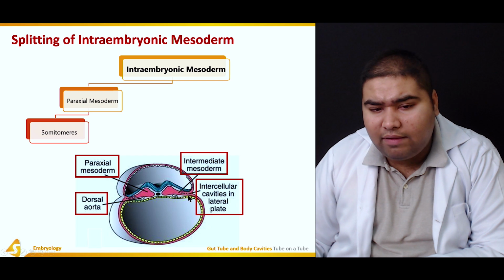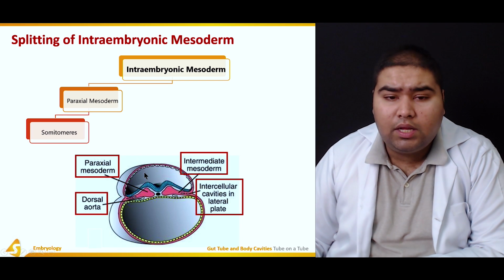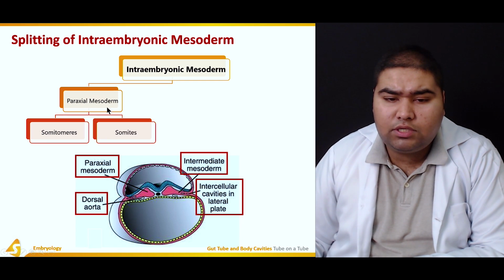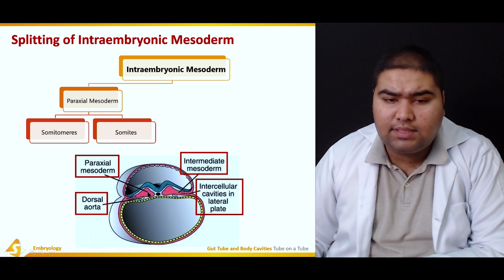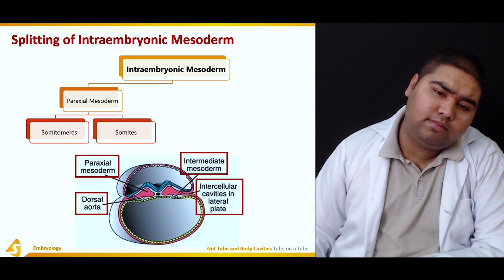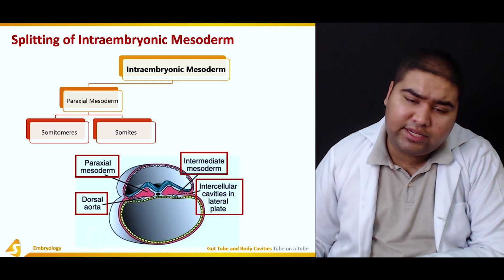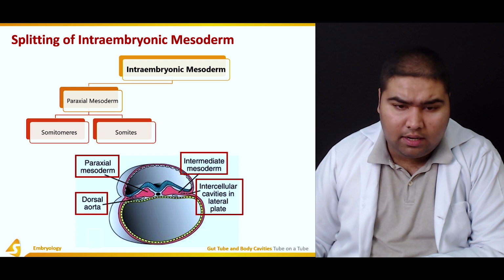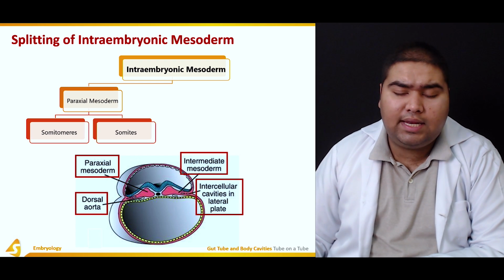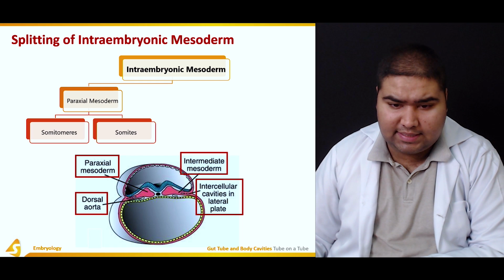And then we have the lateral plate mesoderm. We'll talk about paraxial mesoderm first. Paraxial mesoderm divides into somites and somitomeres. Somites and somitomeres give rise to skeletal elements, muscular elements, and skin.